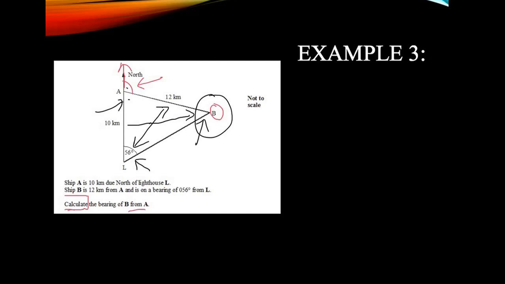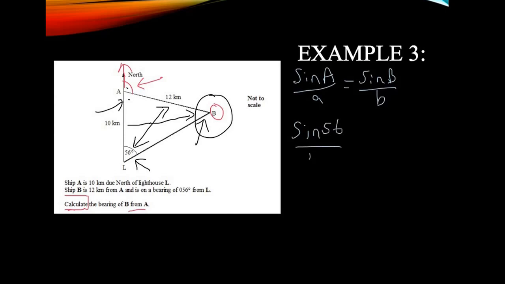So there's a lot to do here, but we should be able to work through it fairly neatly if we make a start. So if we're finding an angle, we're going to use the sine rule. The sine rule is given to you, remember, and it says sine A over little a equals sine B over little b. Okay, so let's put some information in. I'm going to say that sine 56 over 12 equals, well, this is the angle I'm trying to work out, sine B over 10.